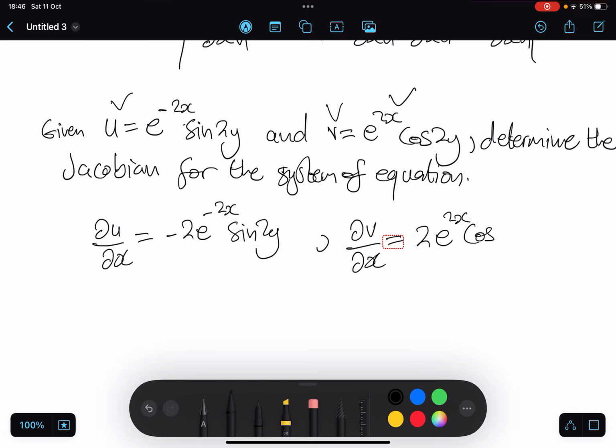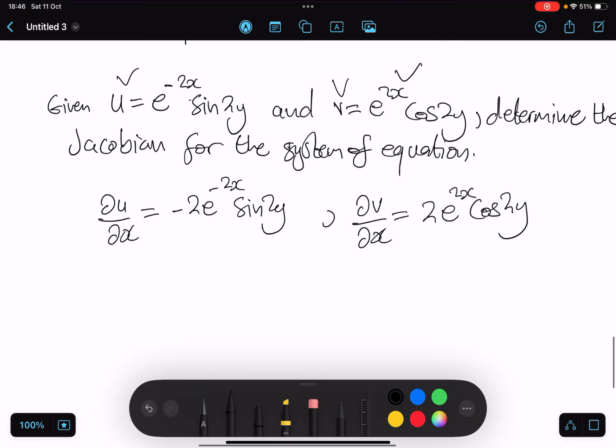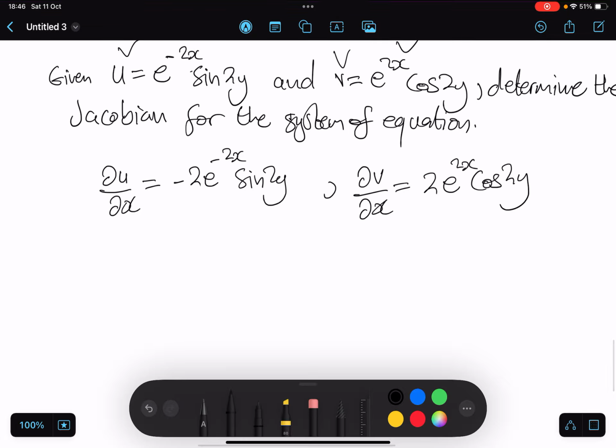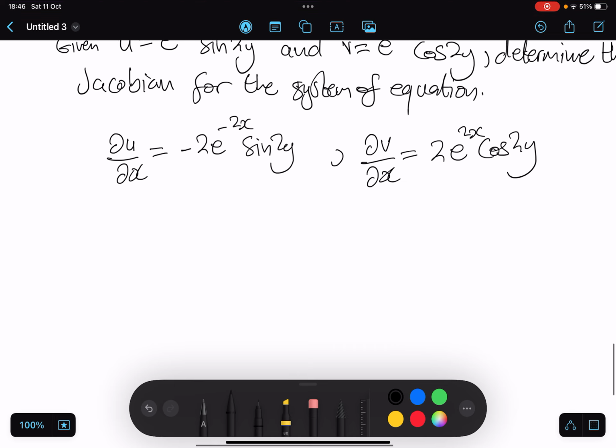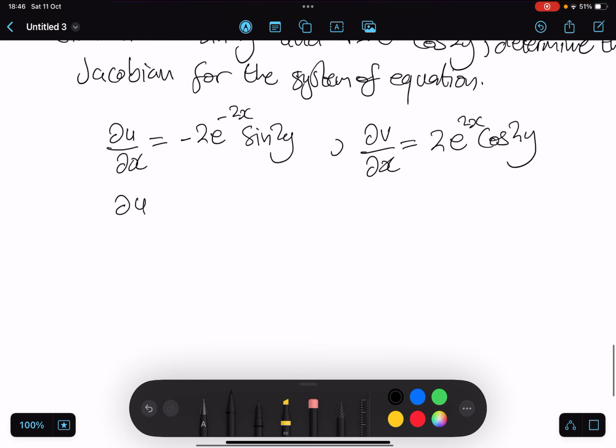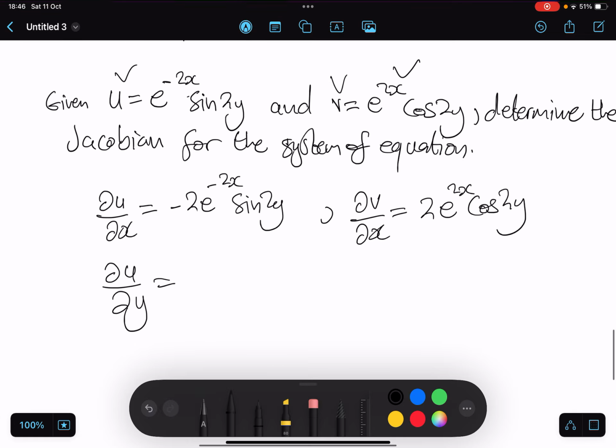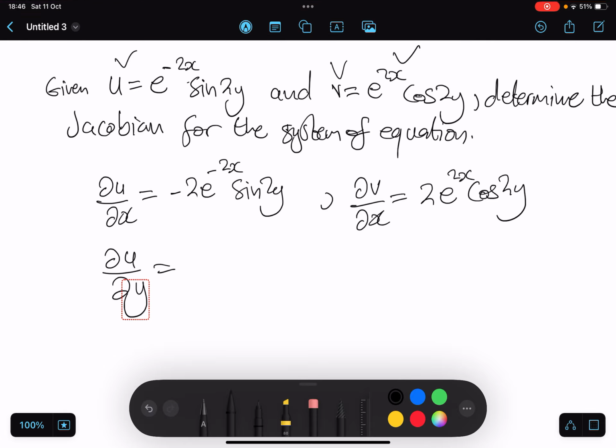And then let's also differentiate u with respect to y. We are going to have ∂u/∂y, which is 2e^(-2x) cos 2y.